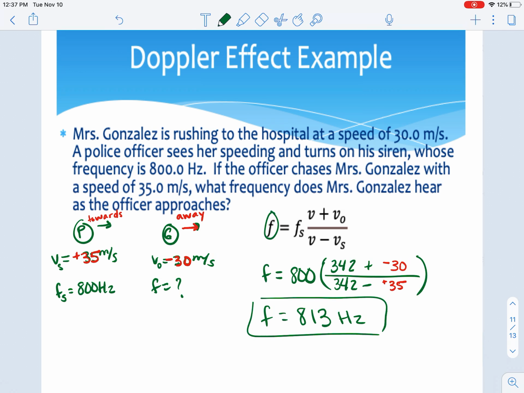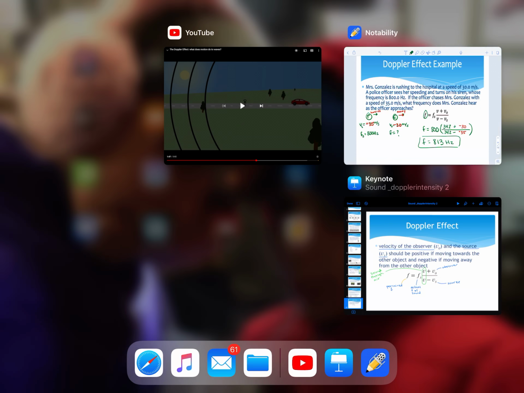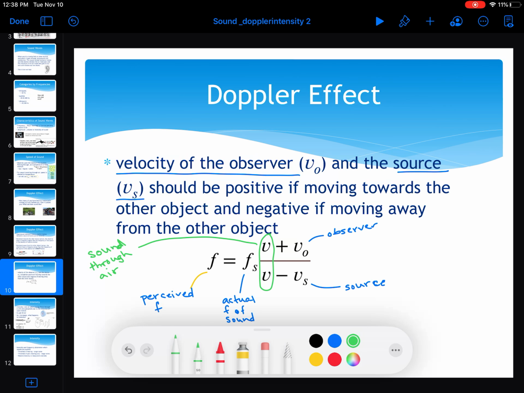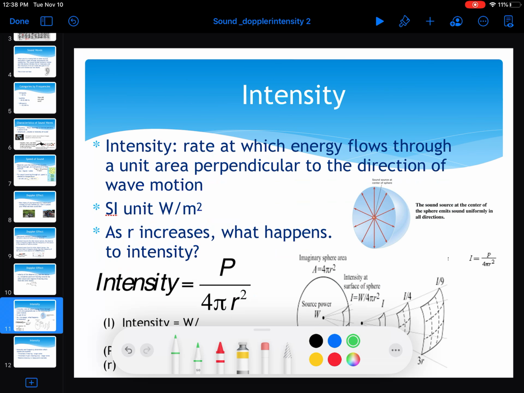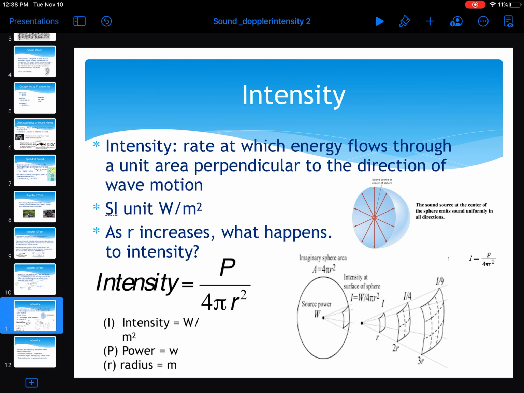So this means that Miss Gonzalez is going to perceive the frequency to be 813 hertz, although the actual frequency of the siren is 800 hertz. Okay, so because of the relative motion between the two objects, what she hears is different than the actual sound. It changes the pitch. Frequency changes the pitch.